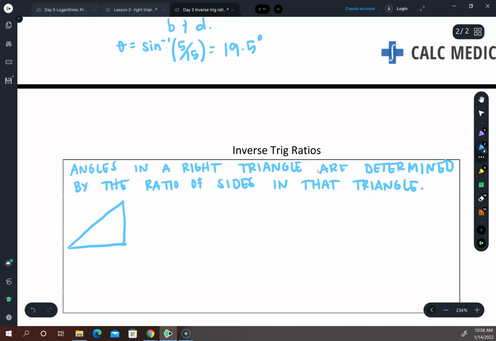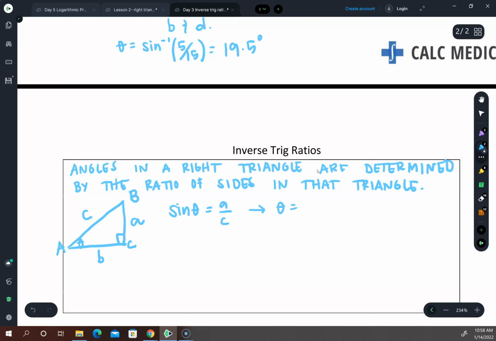So we'll have our, let's call this triangle A, B, and C. So that's going to be my theta down there. So this would be side A, side B, and side C. It's my right angle. So sine of that angle theta is going to be opposite over hypotenuse.